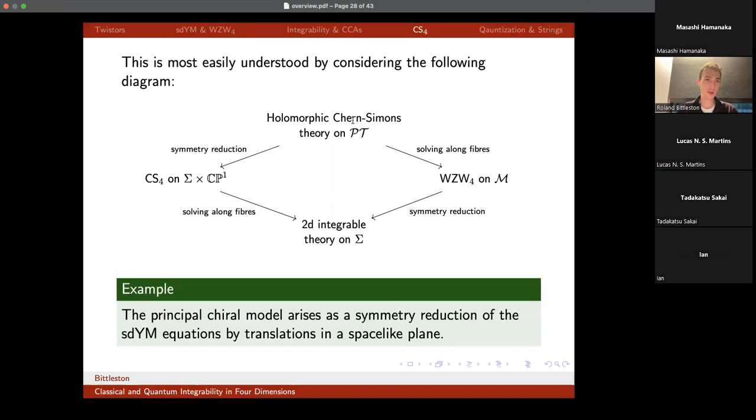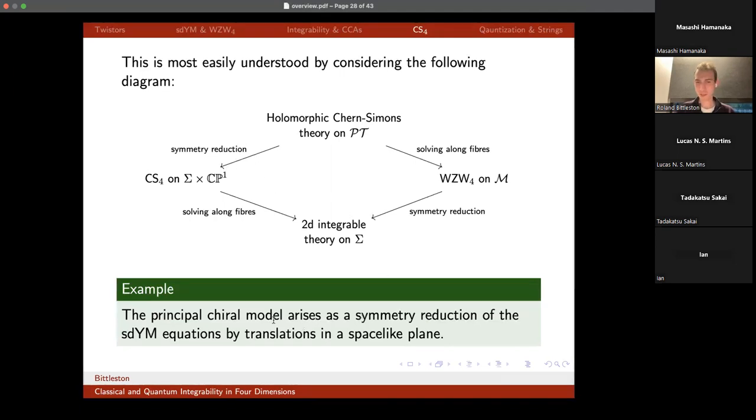Well, self-dual Yang-Mills theory imposes the self-dual Yang-Mills equations with a Lagrange multiplier. So when you do the symmetry reduction, you get an action which imposes the Lax equation for a 2D integrable model with a Lagrange multiplier. Whilst that certainly is an action for a 2D integrable system, it seems a bit like cheating to just impose the Lax equation with a Lagrange multiplier. So this somehow realizes interesting actions this way.